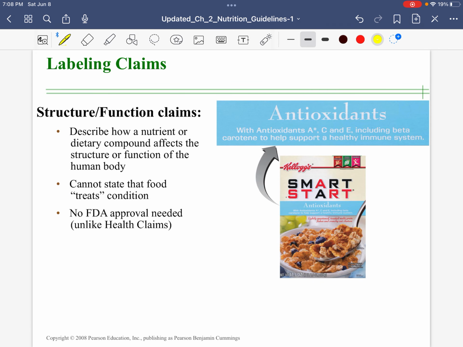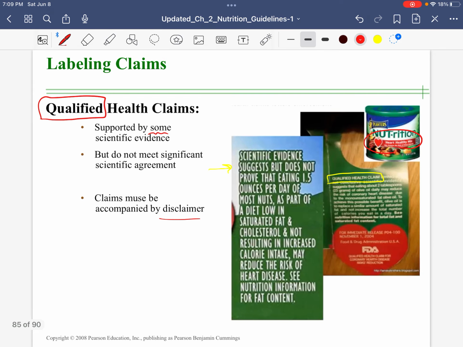Now we get to the lowest of the lowest, a structure function claim. Of the ones that we're talking about, this one does not have any oversight. A structure function claim is something that a food product might have on it that says how it might affect the structure or function of the body. They can't use the words treats, may lower. If I go back, can help lower cholesterol, is heart healthy.